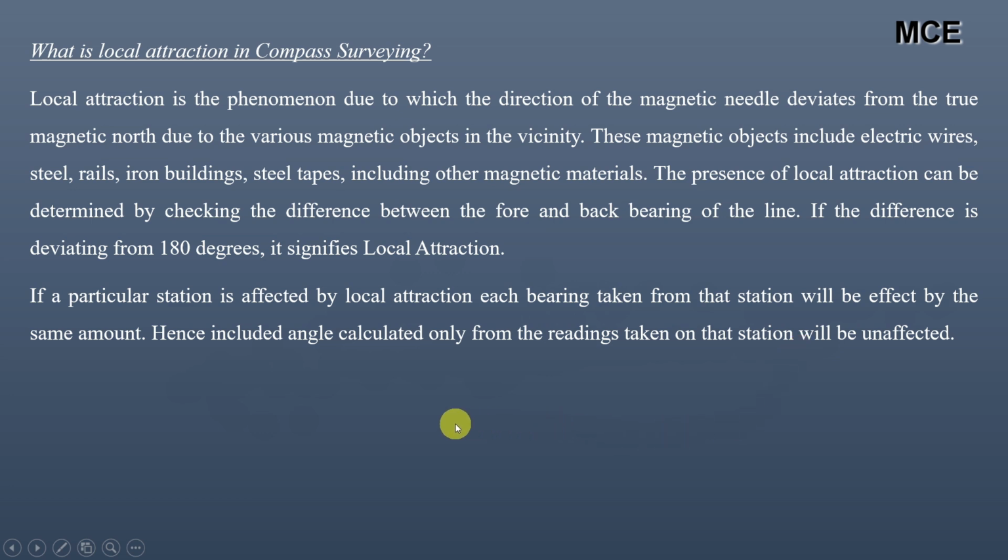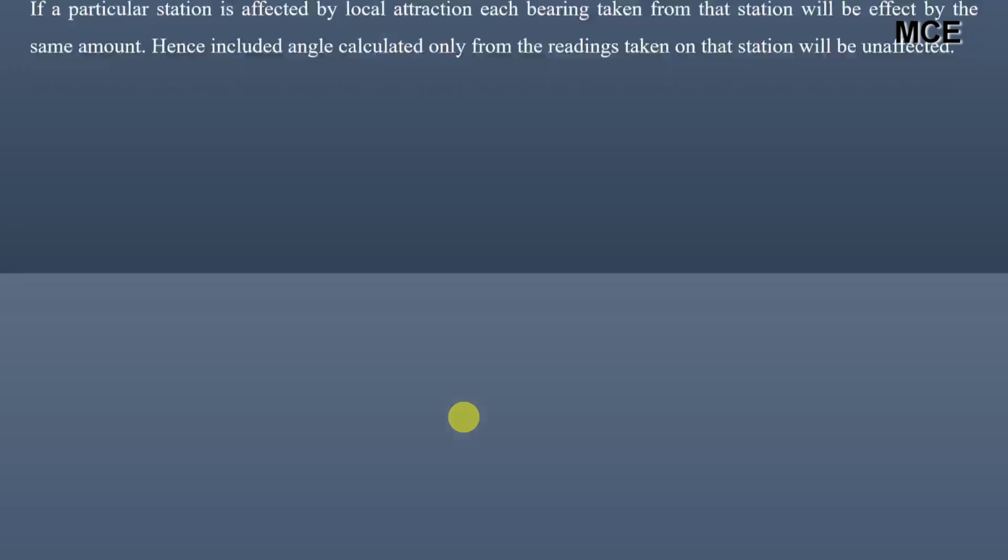So if we take the readings from the station where local attraction is suspected and calculate the included angle, it will remain unaffected. But you have to take both the measurements to find the included angle from that station. We will see it in the question.